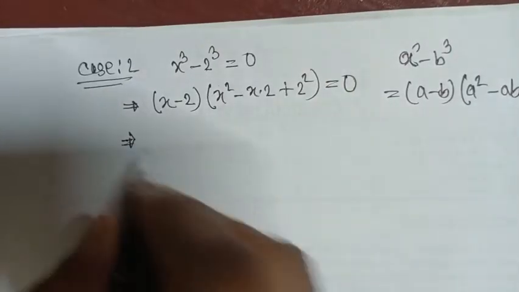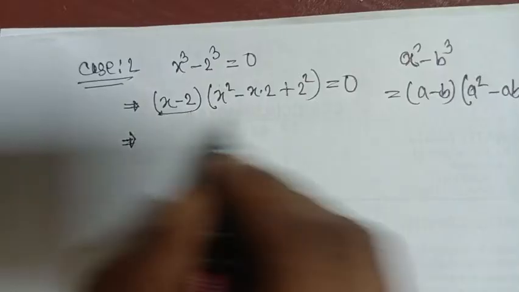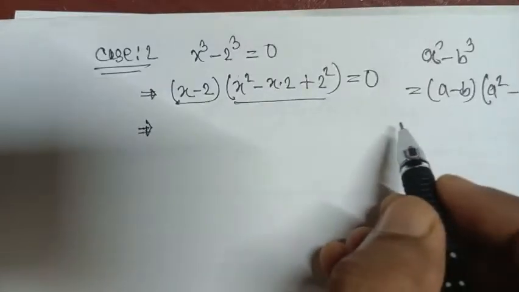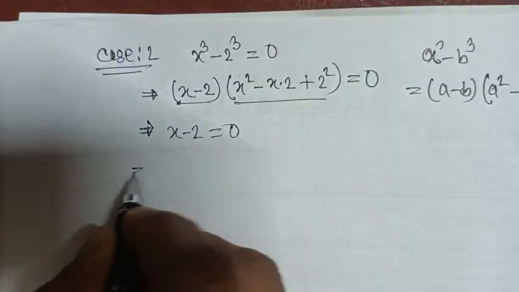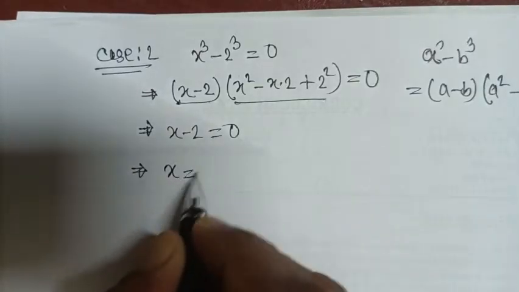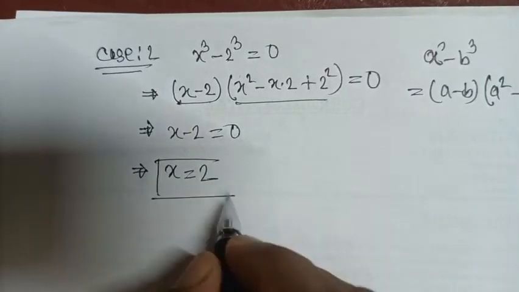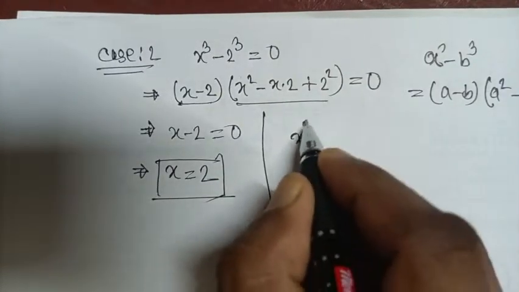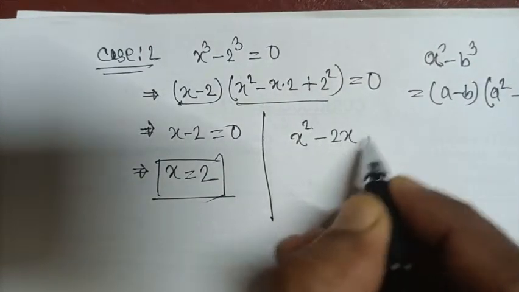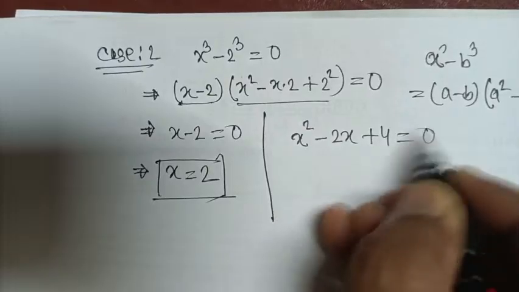Therefore the multiplication of two expressions is 0. Either x minus 2 will be 0, then x equals 2. So we get another solution, x is equal to 2, and the other factor, x square plus 2x plus 4 equals 0.